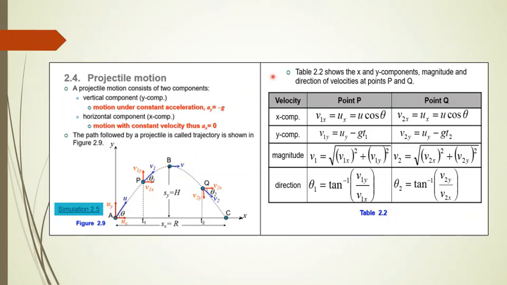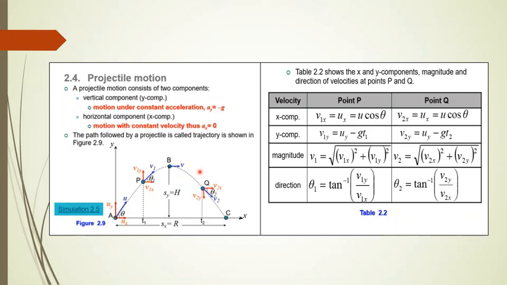Table 2.2 shows the x and y components, magnitude, and directions of velocity at point P and point Q. Point P is V1. For the x component, V1x equals ux equals u cosine theta, whereas at point Q, V2x equals ux equals u cosine theta.